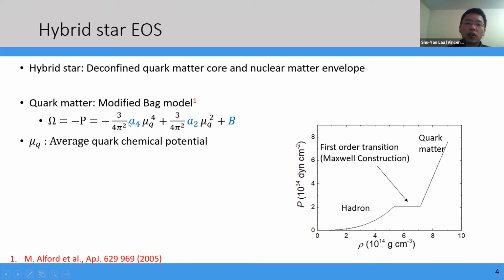It is a phenomenological model that depends on three parameters: the bag constant; A4, a constant that models the effect of the QCD coupling constant; and A2, which takes into account the finite strange quark mass and also color superconductivity in a color superconductor. Between these two phases, we assume there is a first order phase transition, which means there is a density gap between them.